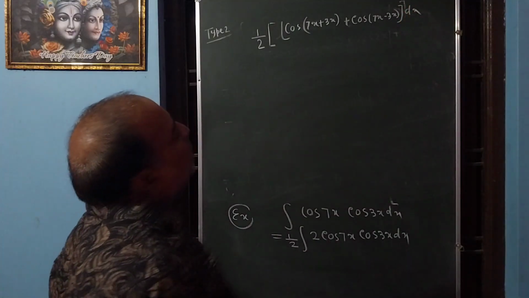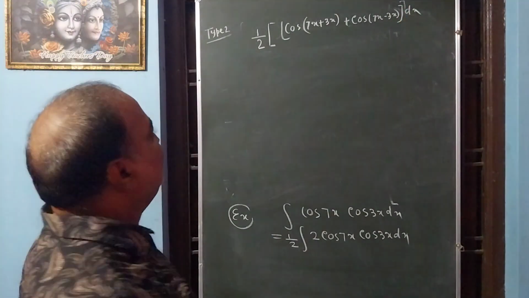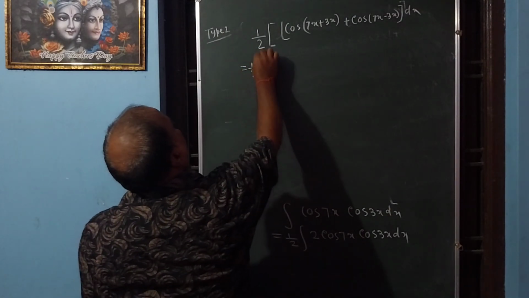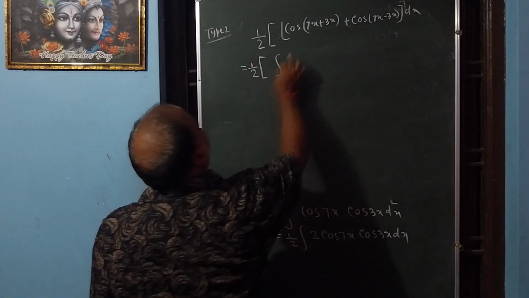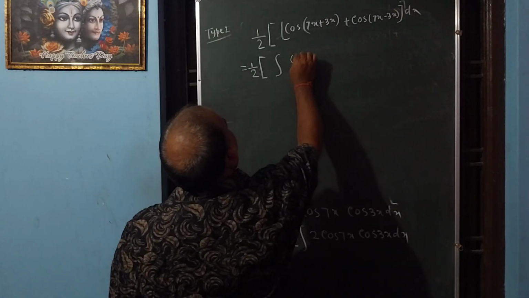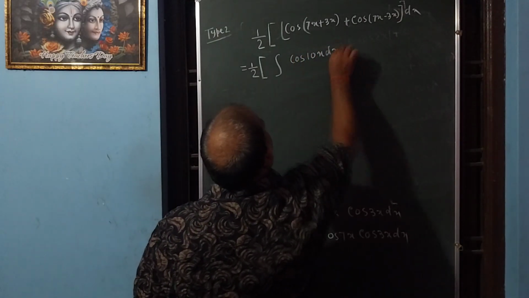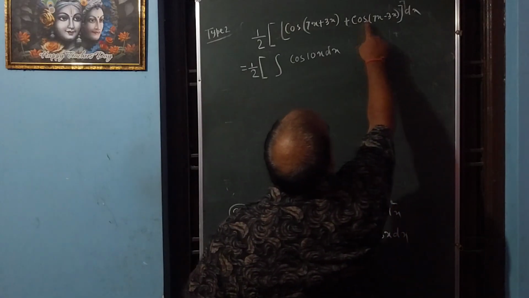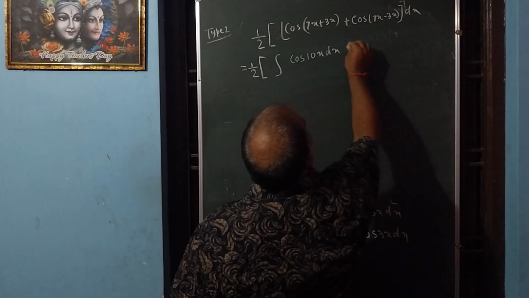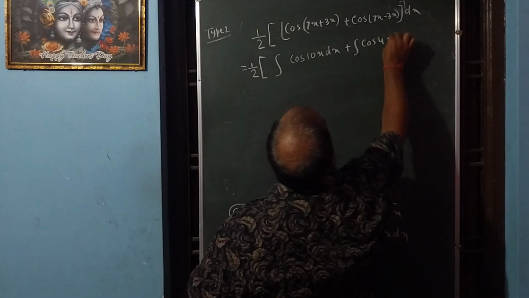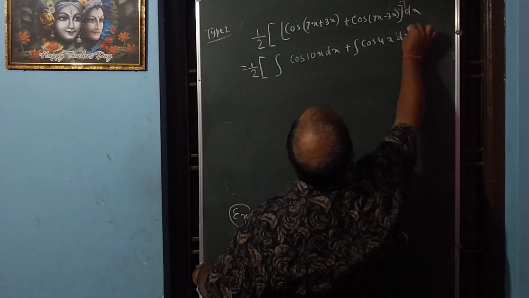So the integration of a sum is equal to the sum of their integrations. We get 1 by 2 integration of 7x plus 3x, the result will be cos 10x dx. So the integration of cos (7x minus 3x) will be cos 4x dx.